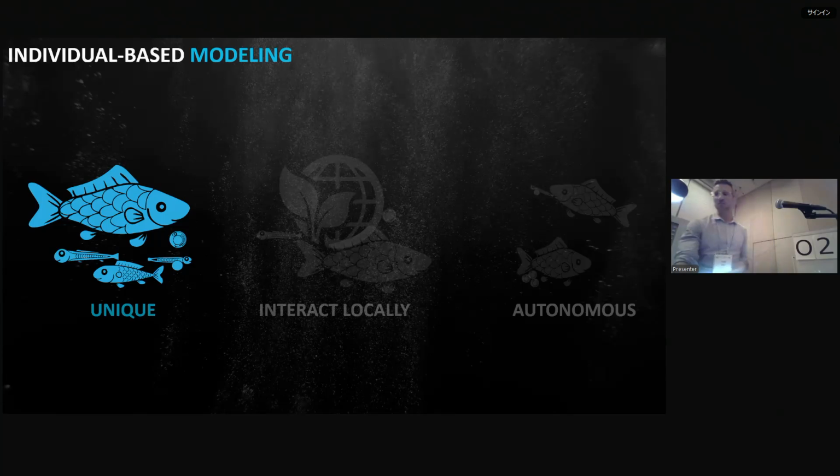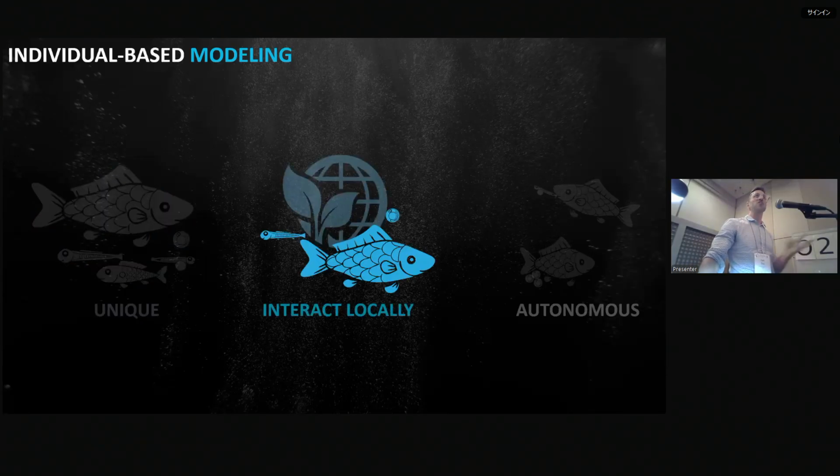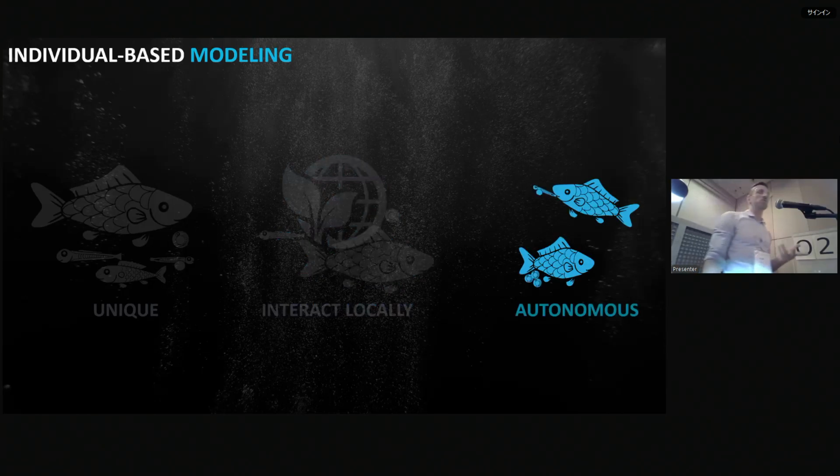They have different sizes, different locations, different resource reserves and history. Acting locally means that agents are not interacting with everybody in the simulated environment. They only interact with their neighbors. And being autonomous means that they do their own thing. They act independently and they have their own objectives, depending on their life stage.